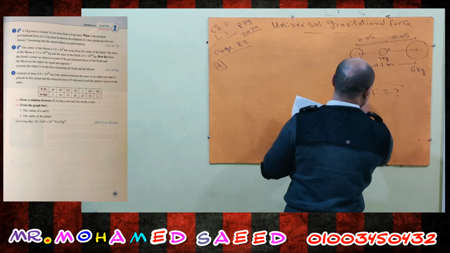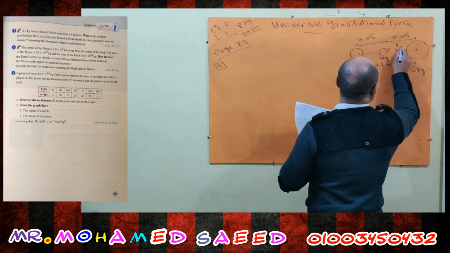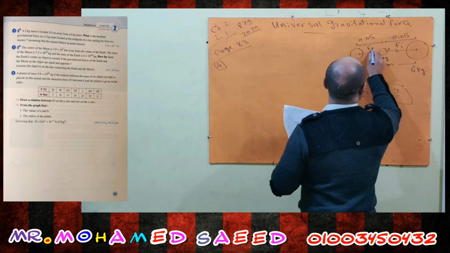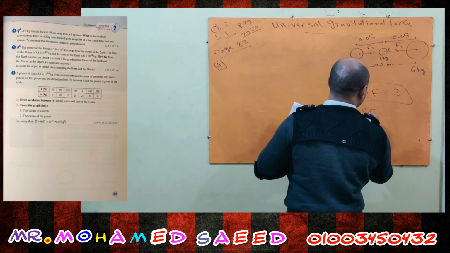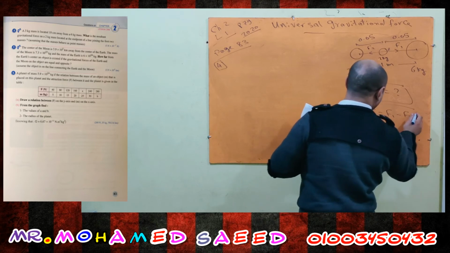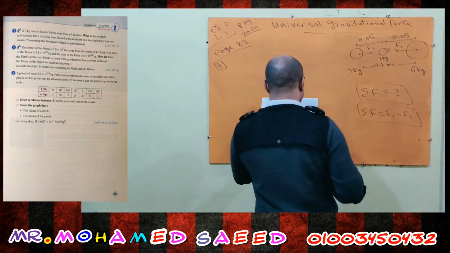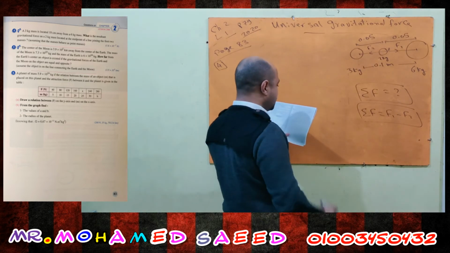Summation F, the resultant force, because there is a force on this side, F1, and another force on the other side, so summation F equals F1 minus F2. So we should get F1 and F2, then subtract these forces from each other.